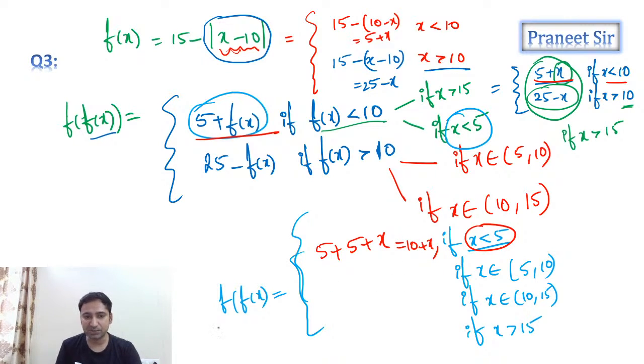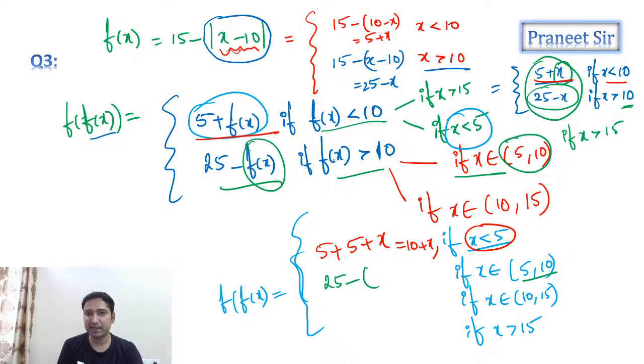Next, second condition: when x is lying between 5 to 10. This case means 25 minus f of x. But what is f of x, guys? When x is lying between 10 to 15, f of x is nothing but 25 minus x, which is equal to x.